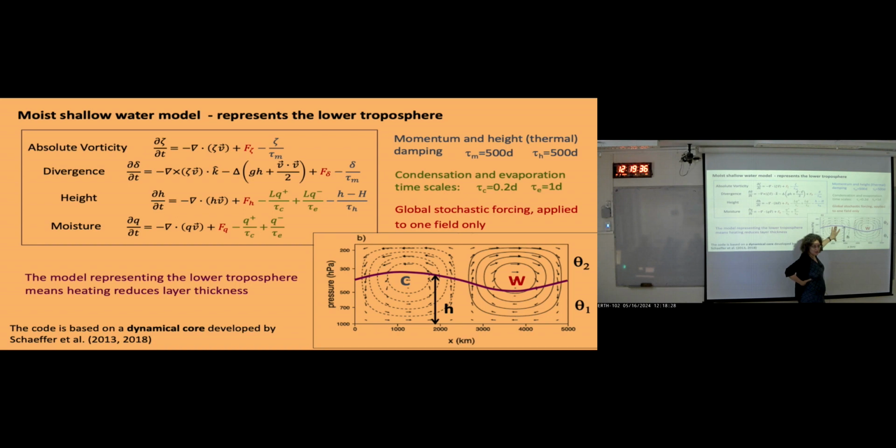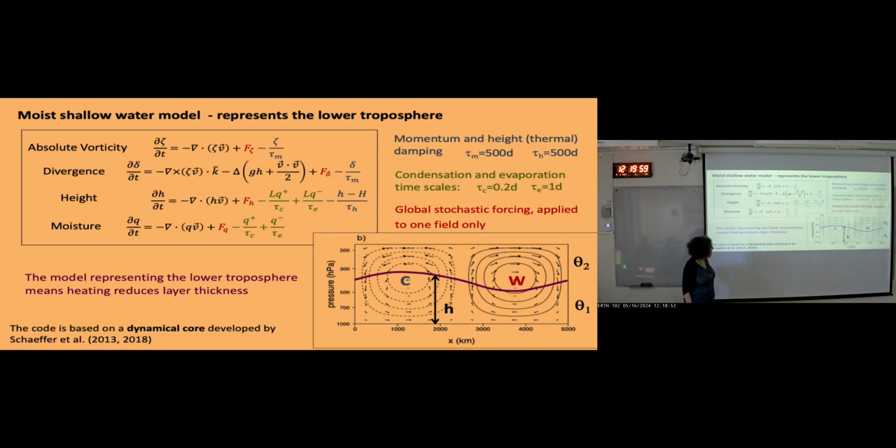So a large H is cold, okay, and a small h can be, so this is like a two-layer, two equal potential temperature layers. And so a shallow region is anomalously cold. And so the height and the moisture obey almost the same equation, same for the relaxation term.